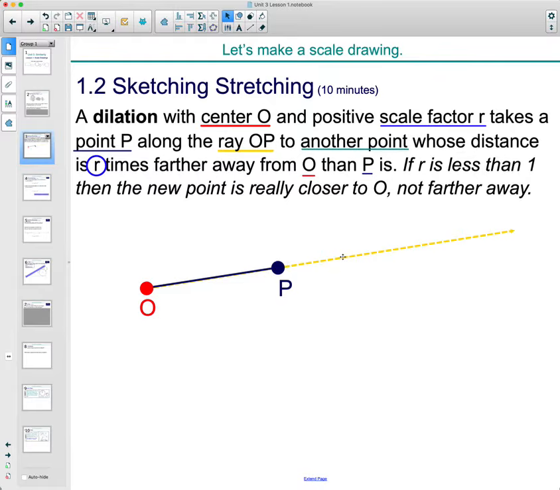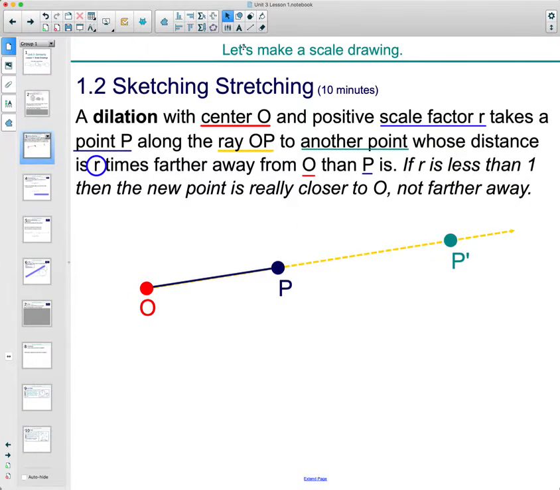So if you extend that, this point is going to move along that ray. So here's all the possible dilations of point P along this ray. And where point P prime lands is going to be the scale factor times further away from O as P is. So let's take a look at what that means.